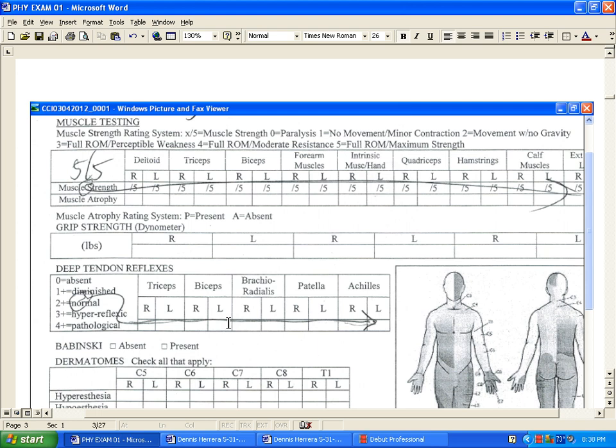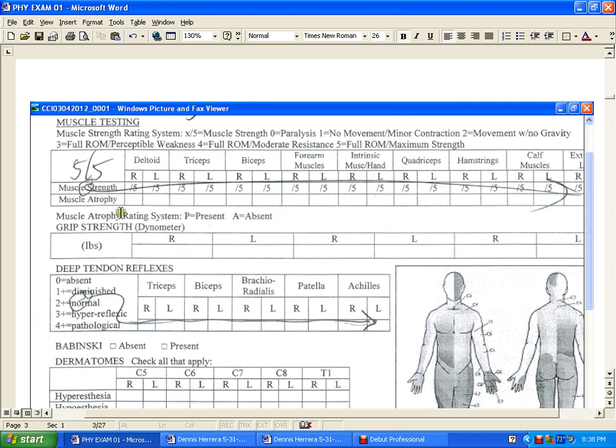It could be a previous fracture, previous diagnosis, like for example, for high blood pressure, high cholesterol, diabetes, things like that. Okay, that's all I want to say about that.